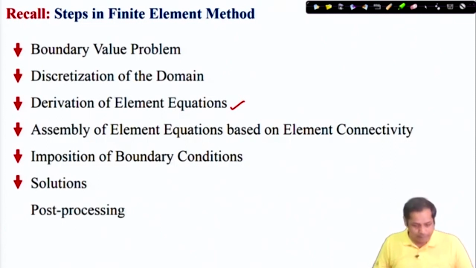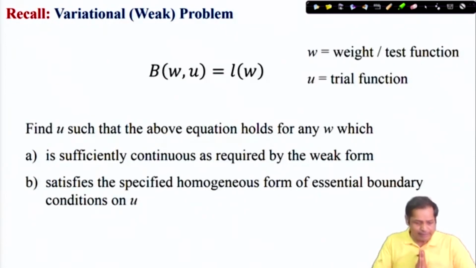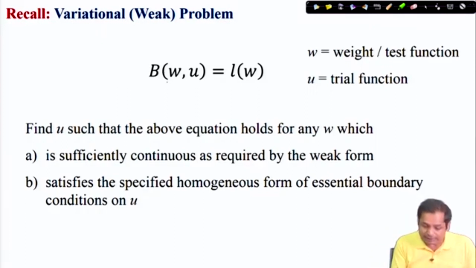Now, let us revisit some of the things that we have already discussed. We know what is the variational statement of a problem. Any problem, we start with a boundary value problem, and then that boundary value problem can be represented through this. So this is a bilinear form. This is a linear form.